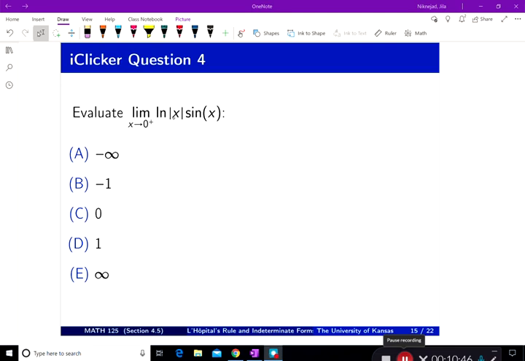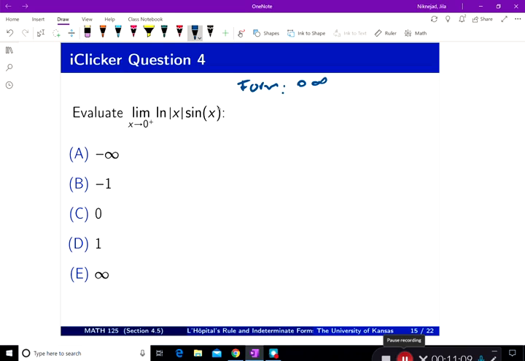First of all, the limit as x approaches 0 from the right side of ln of x is going to be negative infinity. Sine of x as x approaches 0, the limit is 0. So the form is 0 times infinity.